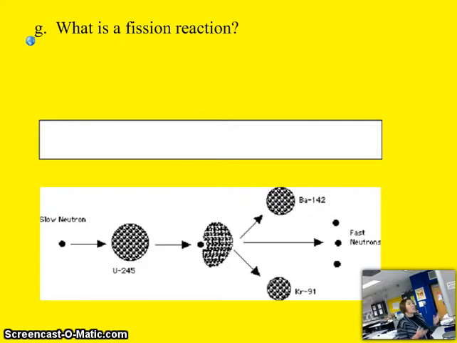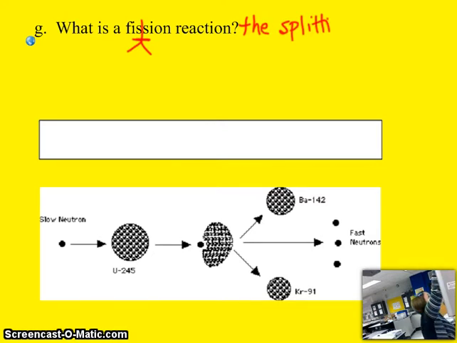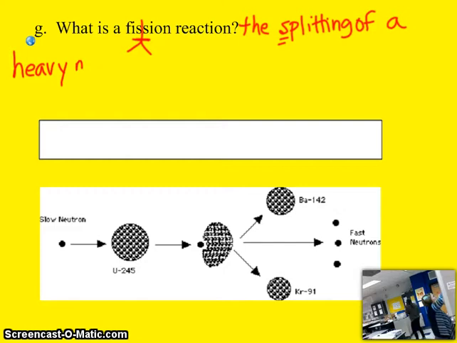So fission, with the S's, right? Fission with the S's is the splitting, with an S. And it's the splitting of a heavy nucleus. That heavy nucleus is one of two things.